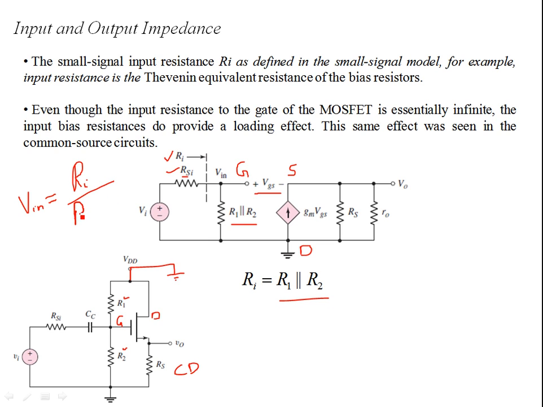The input voltage can be written as Ri over Ri plus RSI, into Vi.